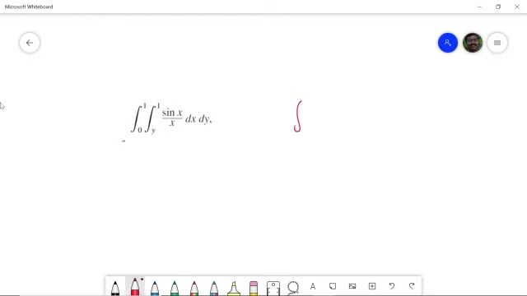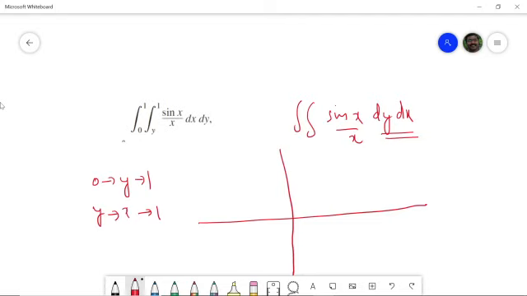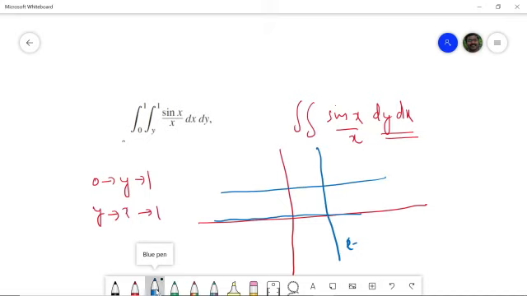So if you plot the x and y axis, your y is varying from 0 to 1, and your x is varying up to the line x equal to 1. This is the line y equal to 1, this is the line y equal to 0.